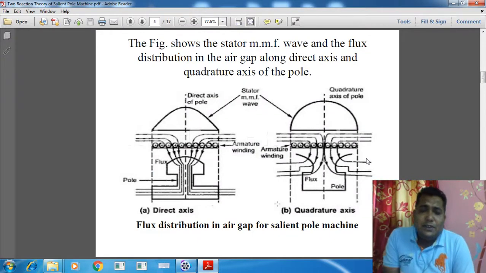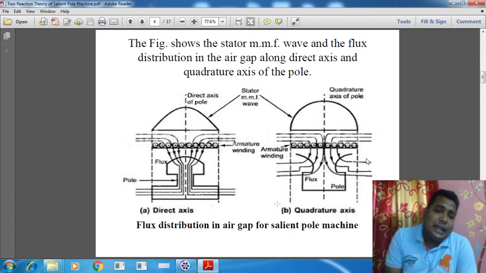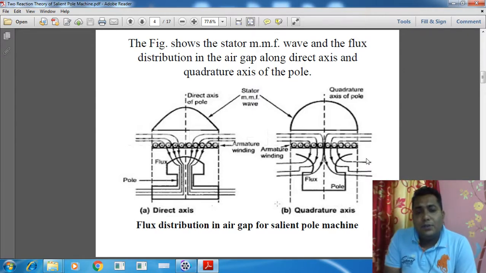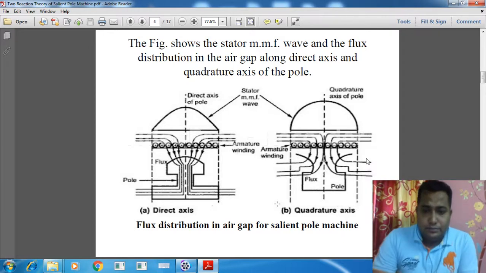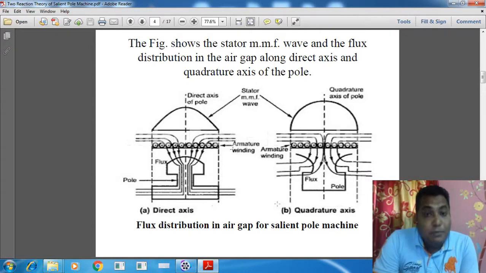In this particular diagram there are two diagrams, left hand side and right hand side. In the left hand side diagram, we can see the salient pole tips. There the reluctance is very less, so the maximum flux will try to flow there, and that is known as the direct axis. Follow my pointer, this is the direct axis.